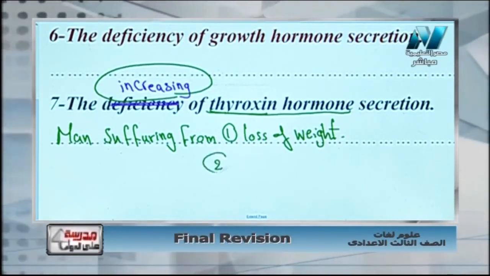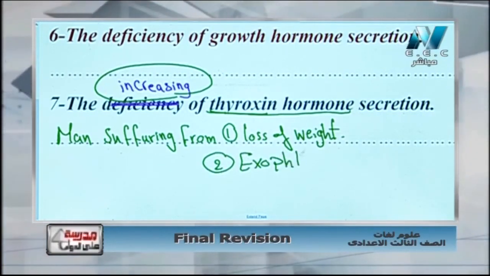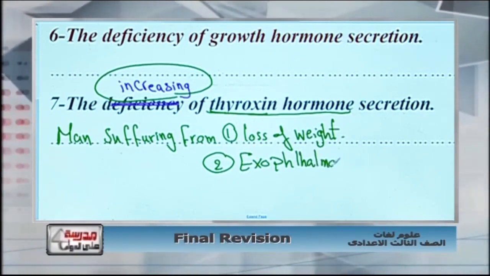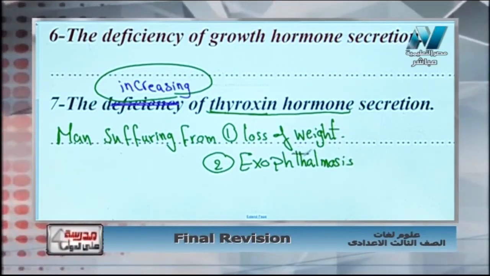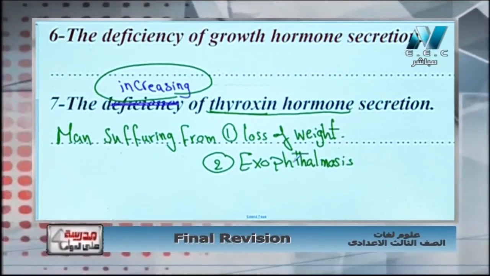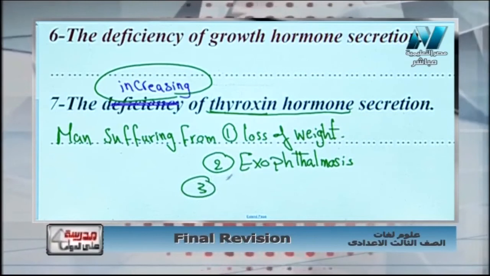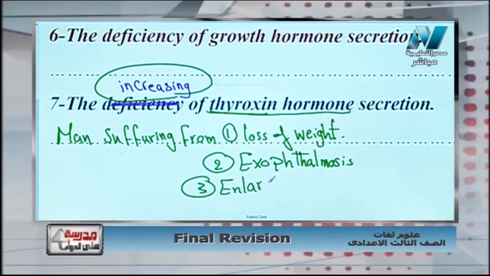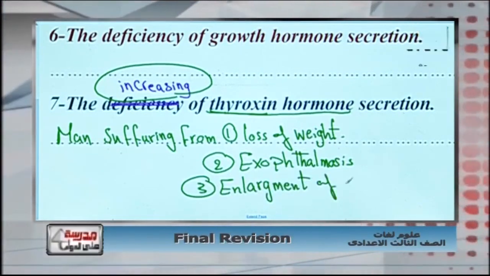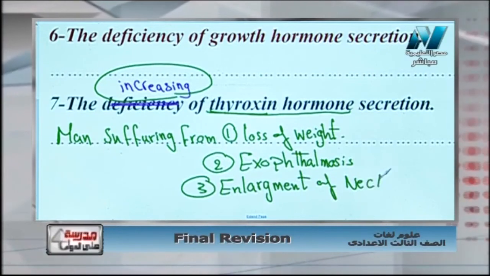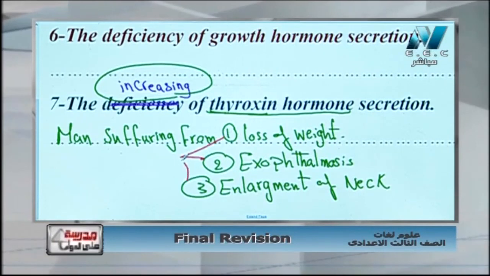Number 2 exophthalmosis. اكسوفثالموسيس. كلمة اكسوفثالموسيس معناها جحوظ في العين تلاقي العين متورمة بشكل مش طبيعي. يبقى loss of weight اكسوفثالموسيس طبعا enlargement of neck تضخم في منطقة الرقبة. طبعا these symptoms is the symptom of what?